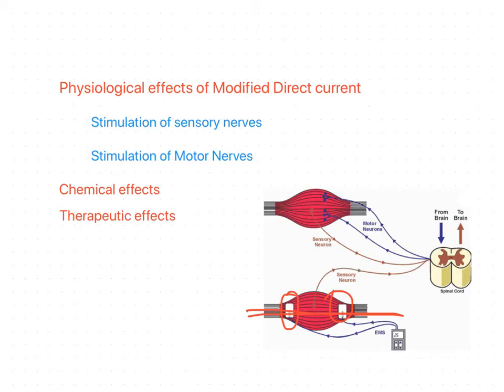Now we will see the physiological effects of the modified direct current or galvanic type currents or interrupted direct currents. Provided that the intensity of current and duration of impulses are adequate, a contraction of denervated muscle can be initiated. Here the contractions are sluggish, the contraction and relaxation being slower than when the motor nerve is stimulated.